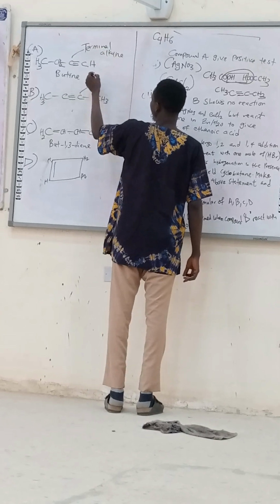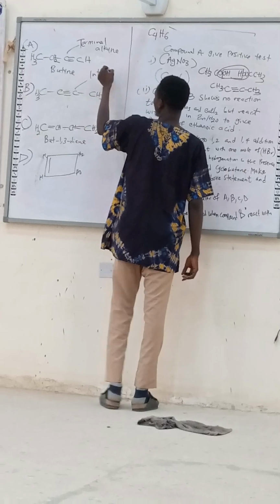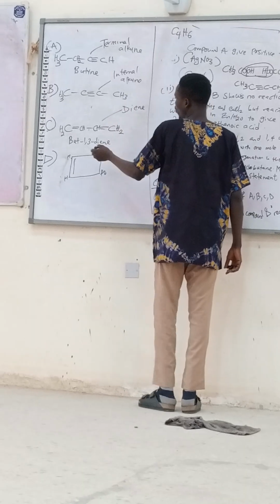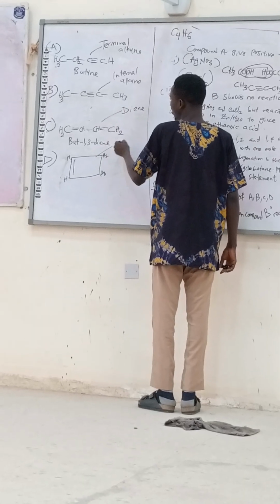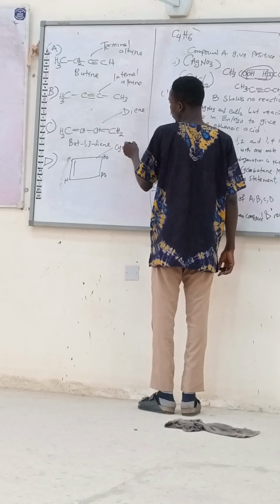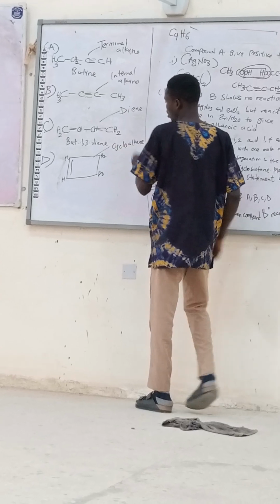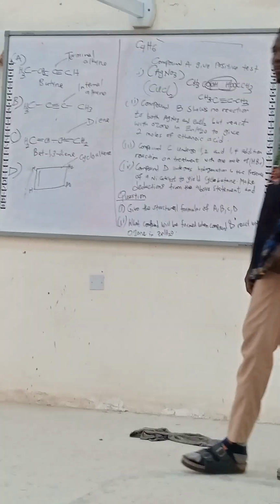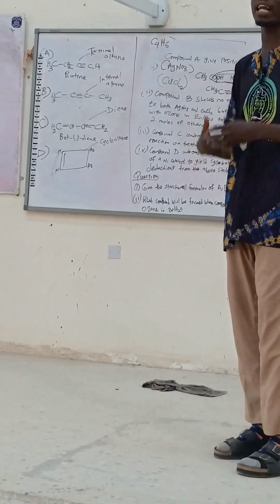What's the nature of this person? Internal alkyne. What's the nature of this person? Diene. What's the nature of this person? Cycloalkene. Alkenes that are in cyclic form are called cycloalkenes. So now, the reactions that are unique to them.